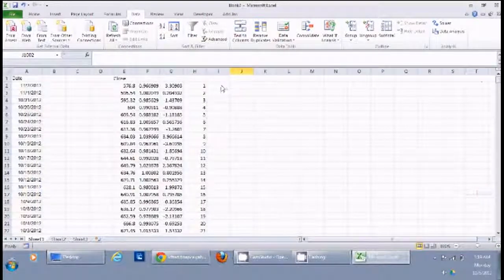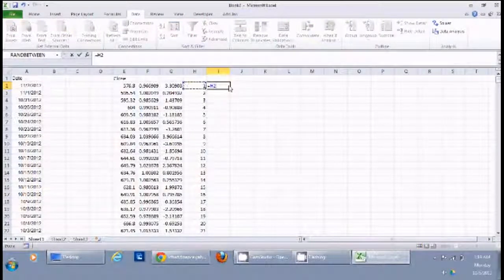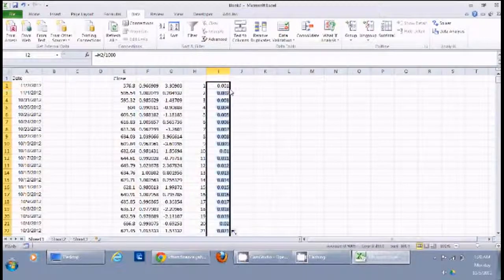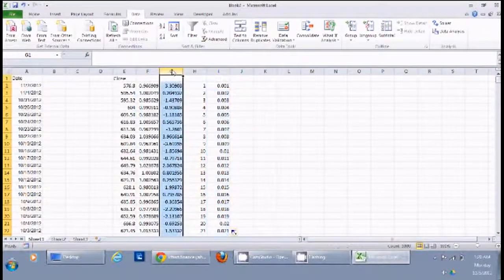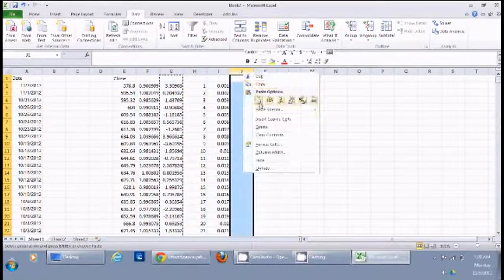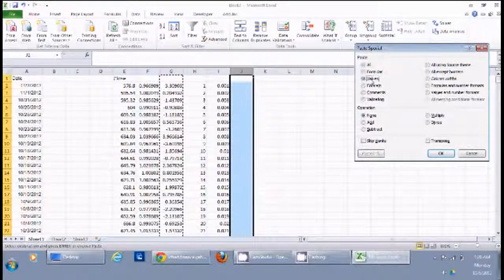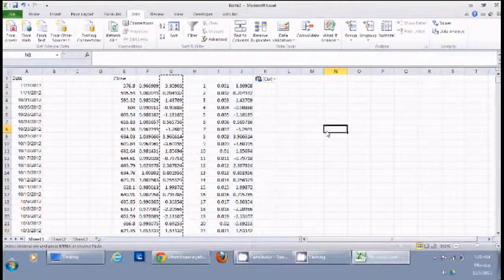What I'll do again is divide this number in column H by 1000, and then copy again, and I get 0.001, 0.002, 0.003 like this. Then I copy this percentage change column and paste it in a special way, because I don't want the formula, I just want the values. I'll say paste only values here, and I got these values.